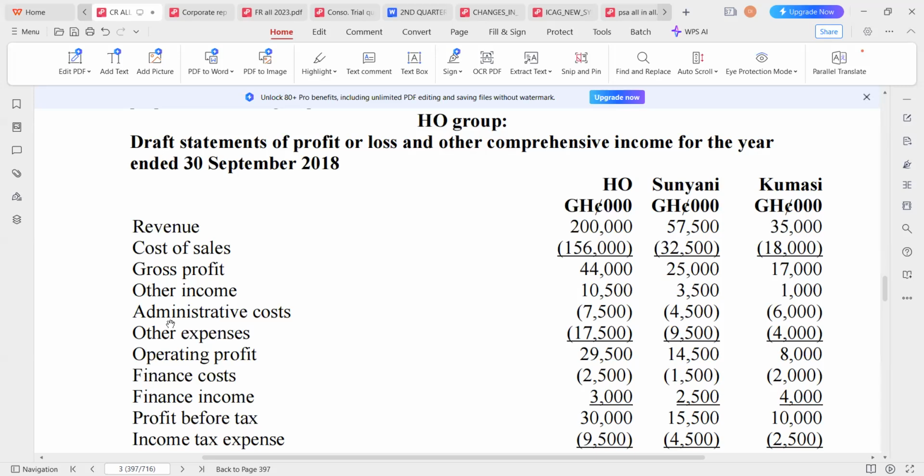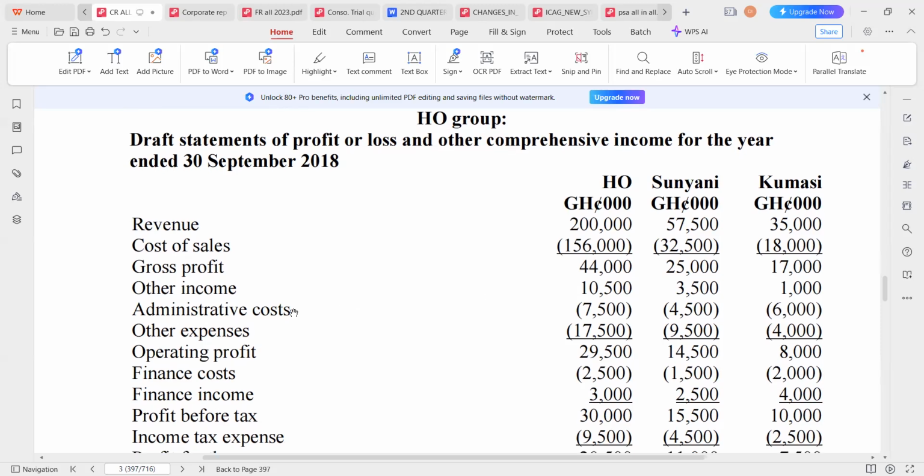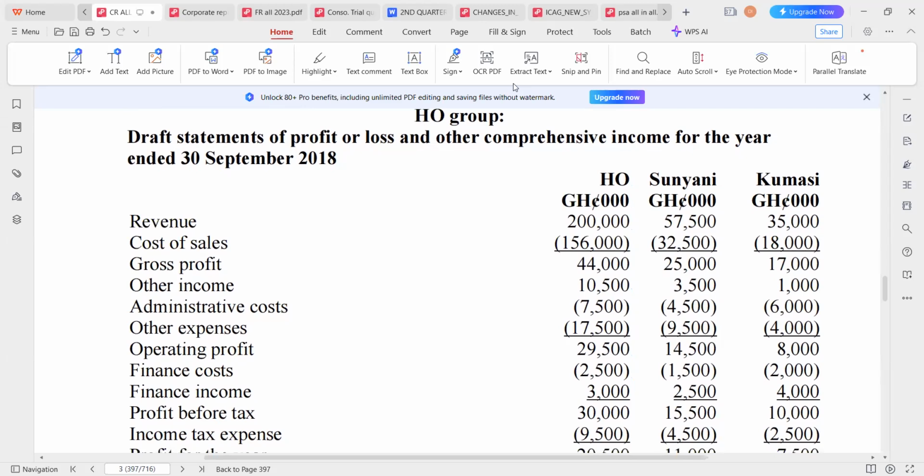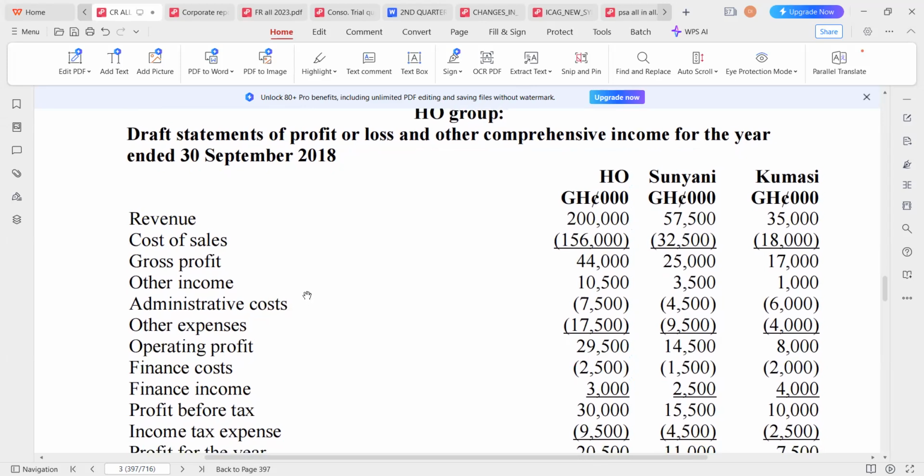That gain should go to OCI, not the P&L. Among these three items, impairment is included in admin, so if there is a reversal, we assume that the reversal also took place in admin. Therefore, they have subtracted 1 million. We're adding it back. We're adding 1 million back. That's all.